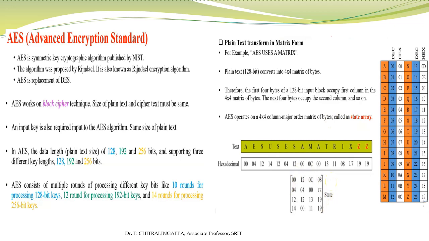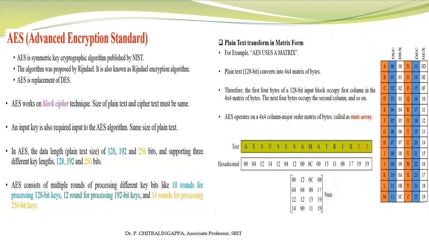AES supports three different key lengths: 128, 192 and 256 bits. AES consists of multiple rounds depending on the key size: 10 rounds for the 128 bit key, 12 rounds for the 192 bit key, and 14 rounds for the 256 bit key.